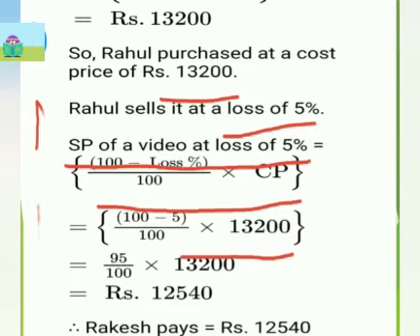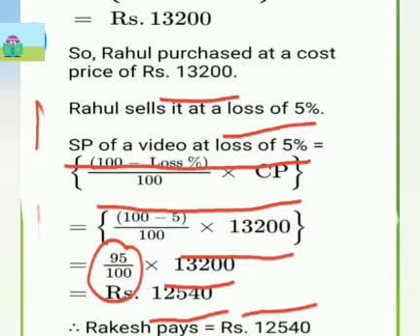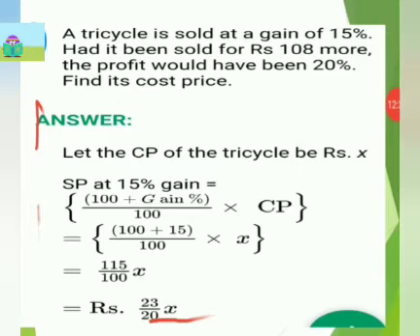When you solve, 100 minus 5 gives you 95, 95 upon 100 multiplied by 13,200. When you solve, you will get the selling price of this video for Rahul as 12,500, and this will be the money paid by Rakesh for that video. And this is only what is asked in the question: how much money was paid by Rakesh for that video.